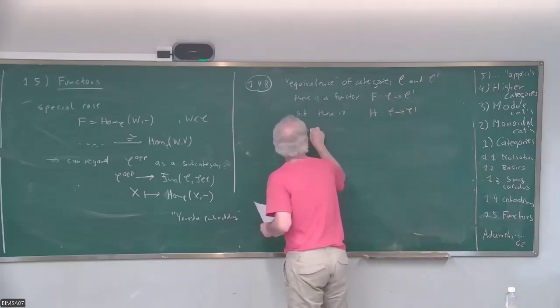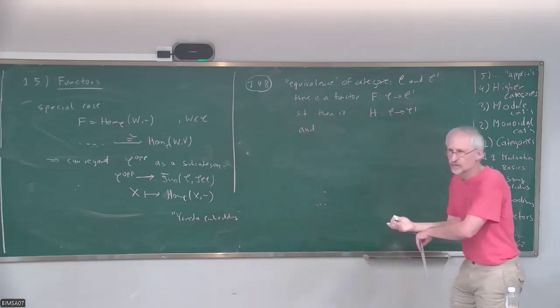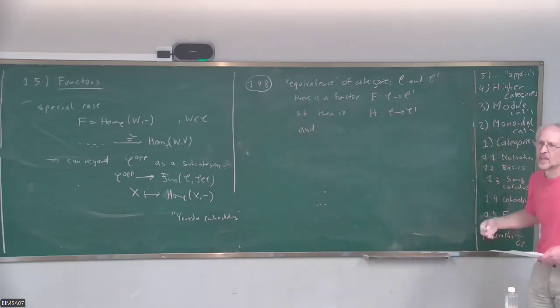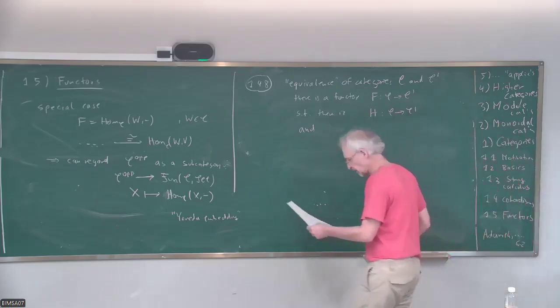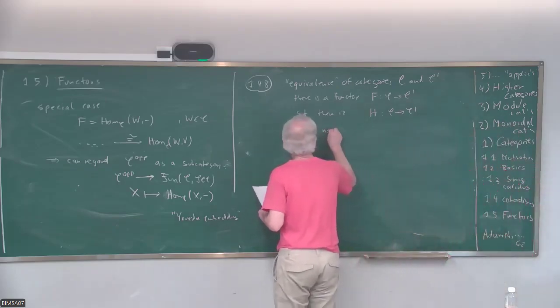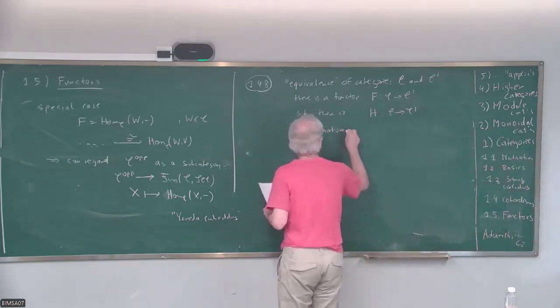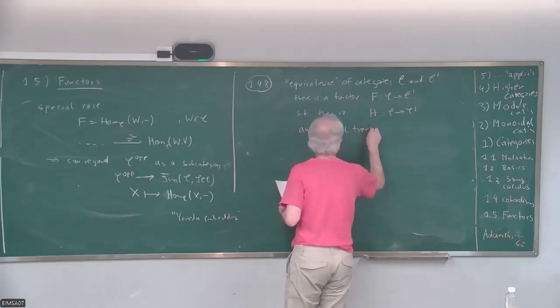And now you could say they should be inverse. So if I compose them, I get identities. This is too strong a requirement in general, but there is a weaker form, namely there are natural transformations.